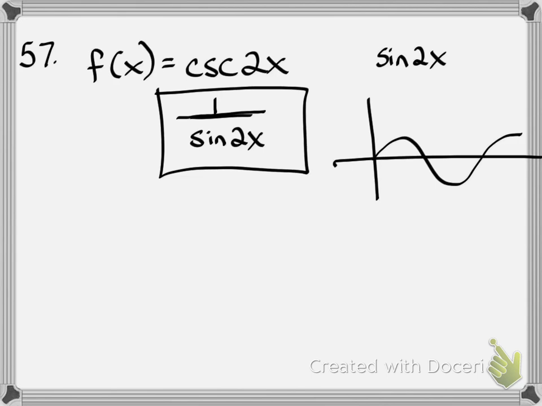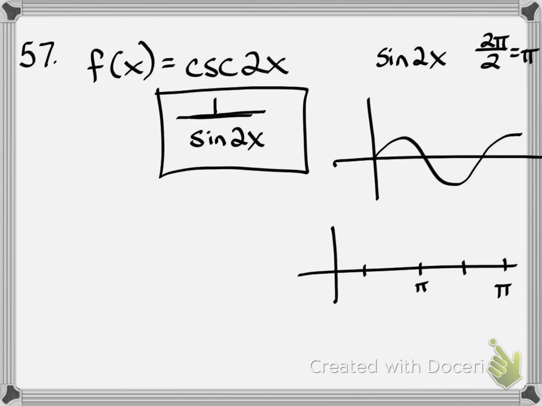So the period isn't 2 pi, it's 2 pi over b. So the period's pi. So we're going to go 0 to pi. This is pi over 4, 2 pi over 4, 3 pi over 4. And then we can graph with our amplitude. Oh, we used to love this.